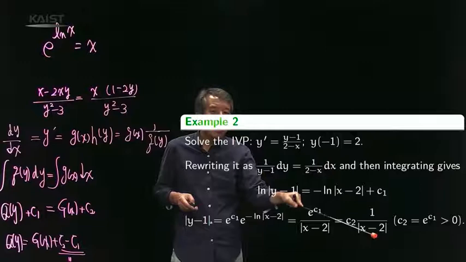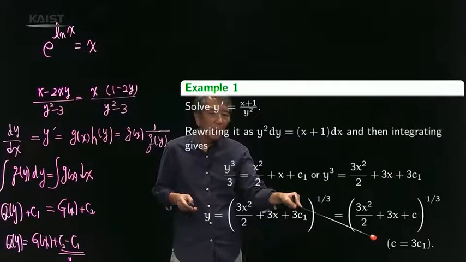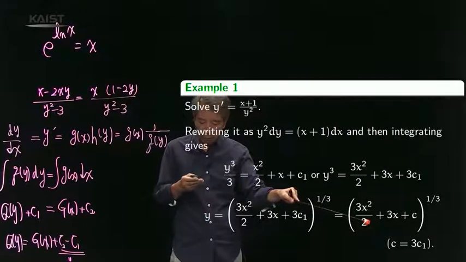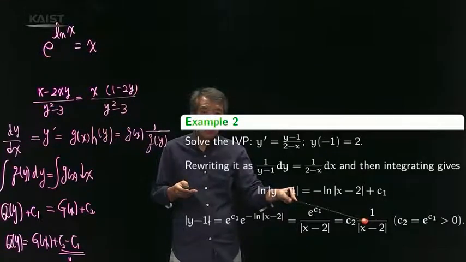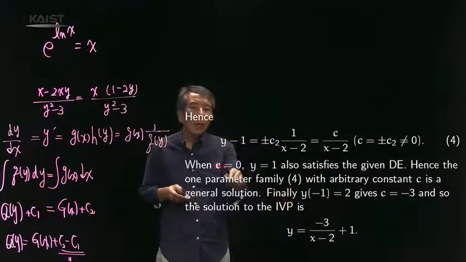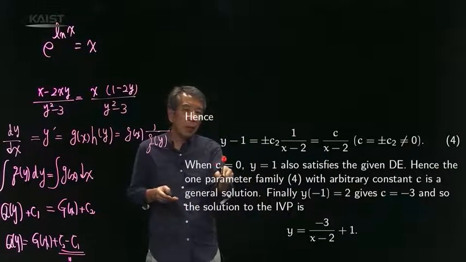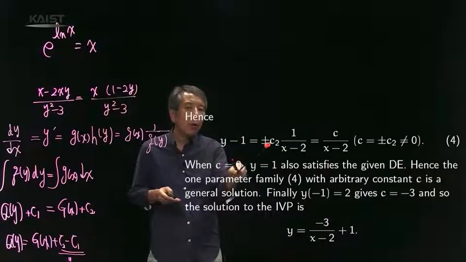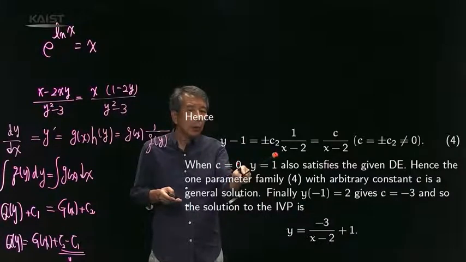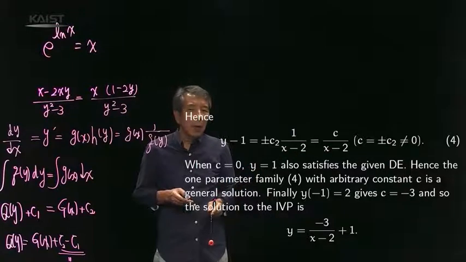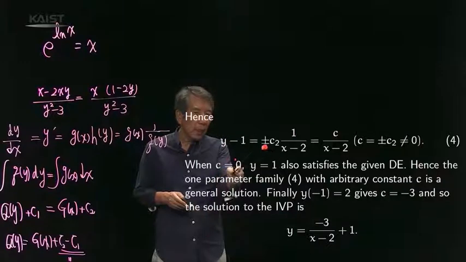Now let's try to remove the absolute value sign. Removing this absolute value sign, we will get y minus 1 is equal to plus or minus c2 times 1 over x minus 2. By removing this absolute value sign, we have two different choices of the signs, plus or minus, in front.